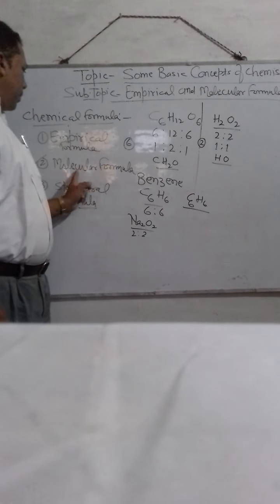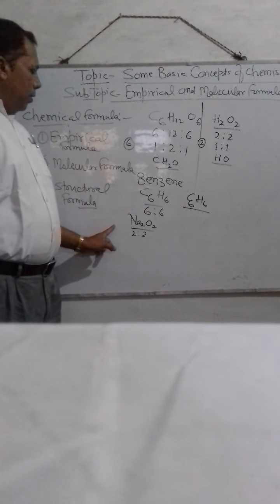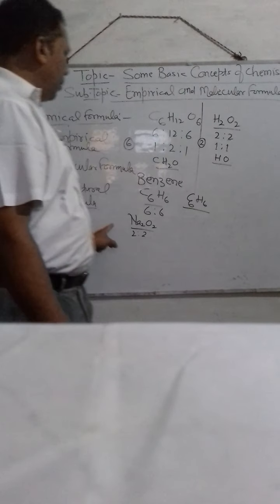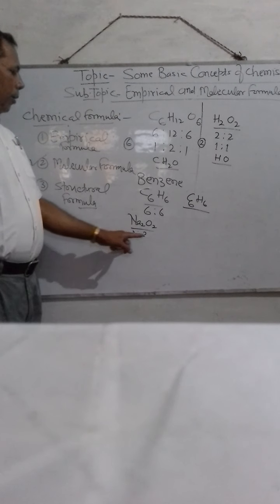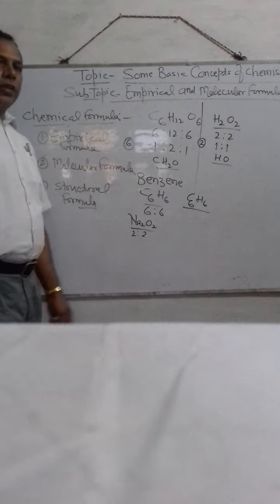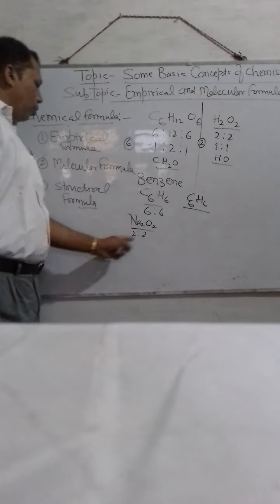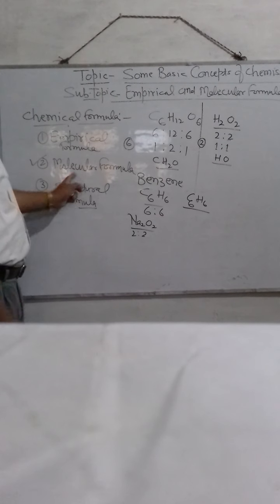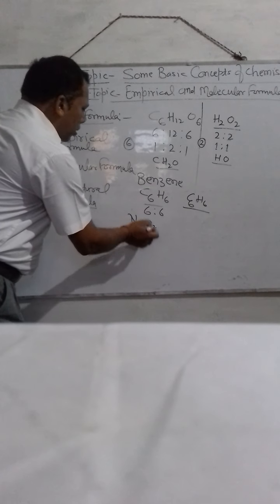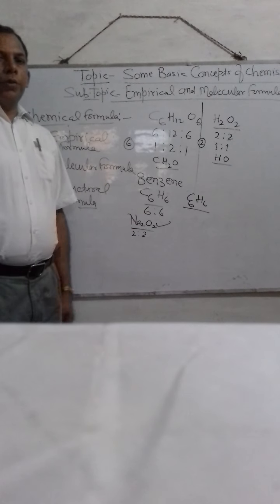So in order to express its molecular formula, there is no removal of a common factor or multiplying factor. You just write the actual or real ratio present between the concerned atoms, and it will show the molecular formula of the compound. So the molecular formula of sodium peroxide will be the same, Na2O2.